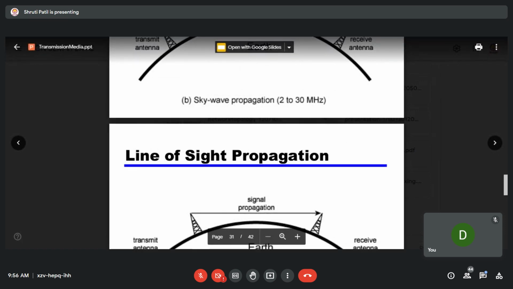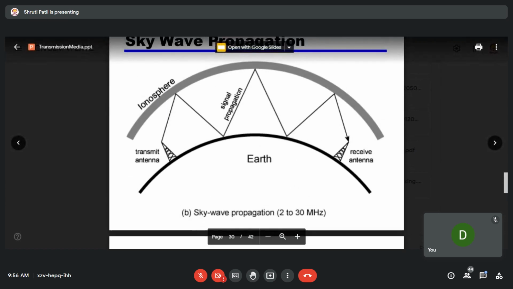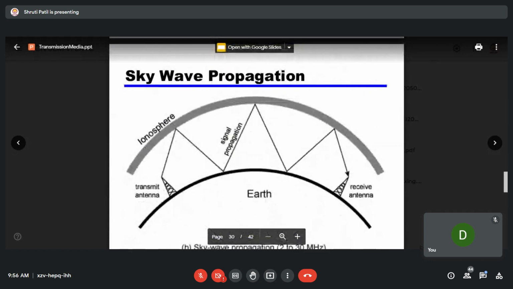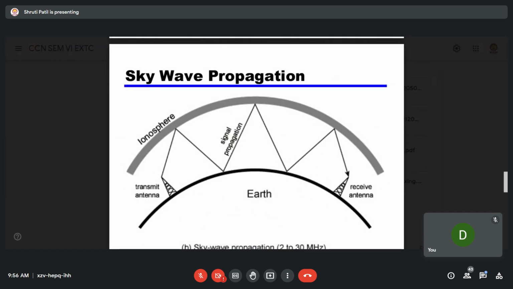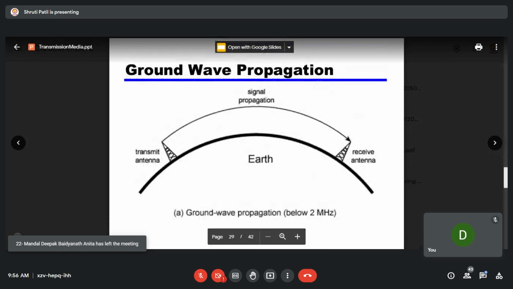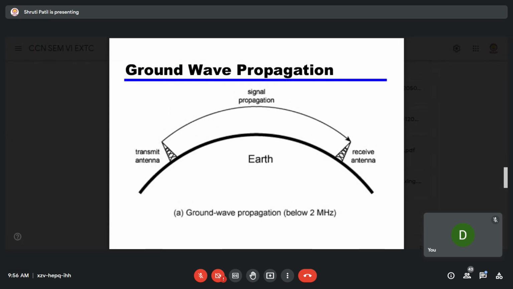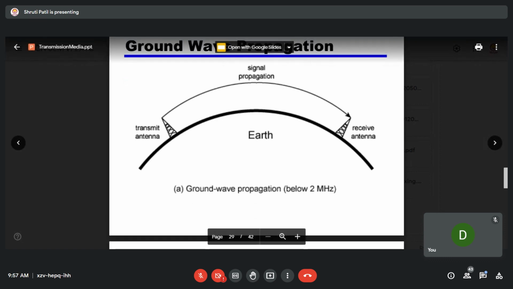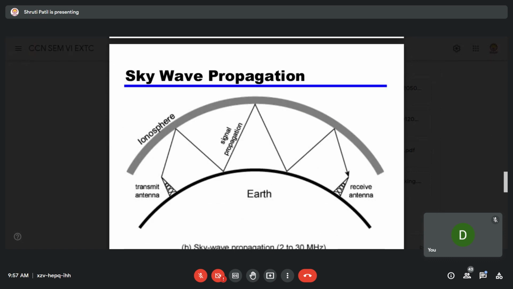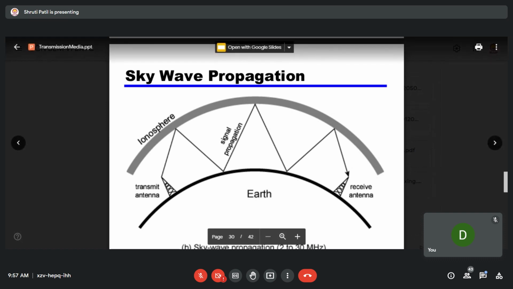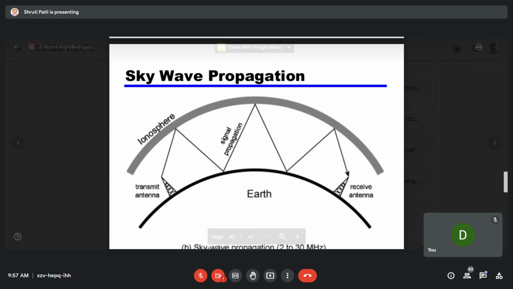When they are not in line of sight, then there can be ground wave propagation or sky wave propagation. In ground wave propagation, signals below 2 megahertz can travel along the surface of the earth. Above that level there is the ionosphere; the environment of the earth is also used for transmission.